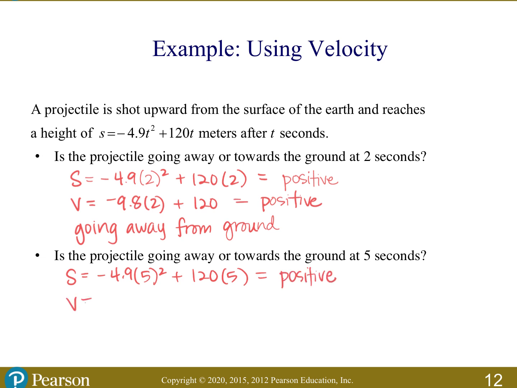And then my velocity would be the derivative, negative 9.8 times 5 plus 120. How about that? Still positive. So same thing, still going away from the ground.